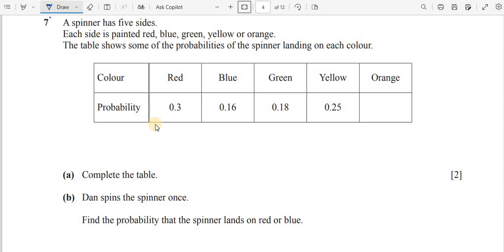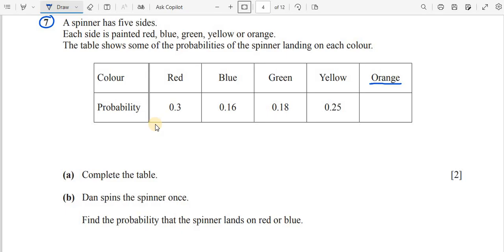Question number 7. A spinner has 5 sides. Each side is painted red, blue, green, yellow or orange. This table shows some of the probabilities of the spinner landing on each color. We find the probability of orange.